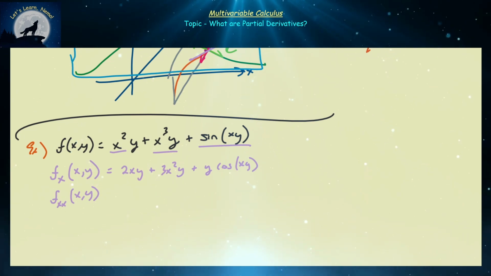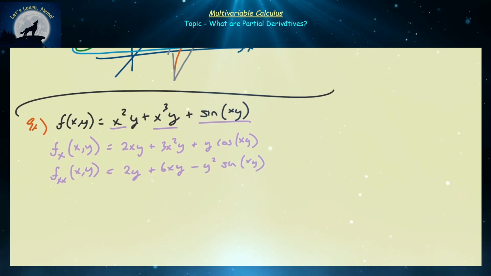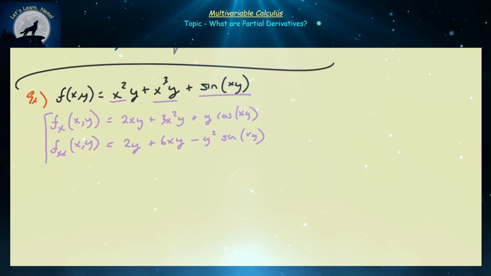So we're going to have 2y, and then 6xy, and then minus y² times sin(xy). So that's going to give us the first and second order partial derivative of f with respect to x.